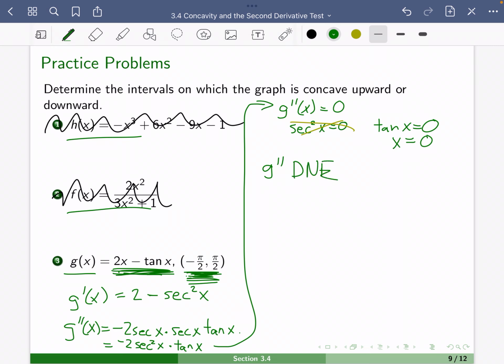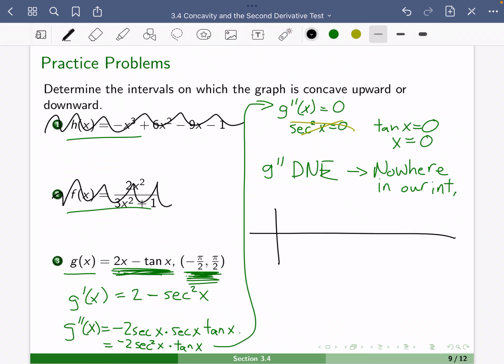It is going to fail to exist anywhere that cosine would be 0, but those are only the odd multiples of pi over 2, and so that doesn't happen anywhere in our interval.